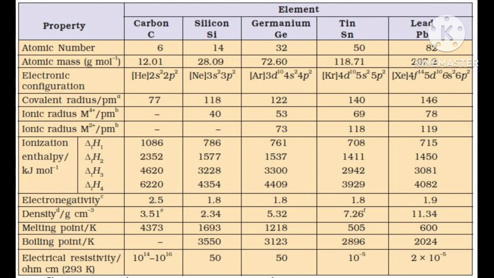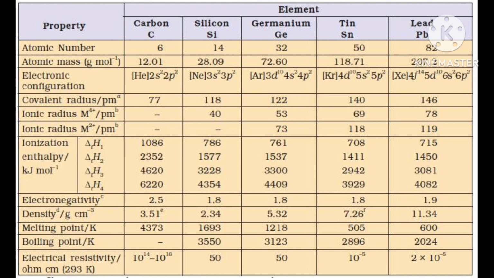Covalent bond means sharing. In ionic there is complete transfer of electrons, but in covalent there is no complete transfer, only sharing, displacement of electrons. That's why it is covalent.